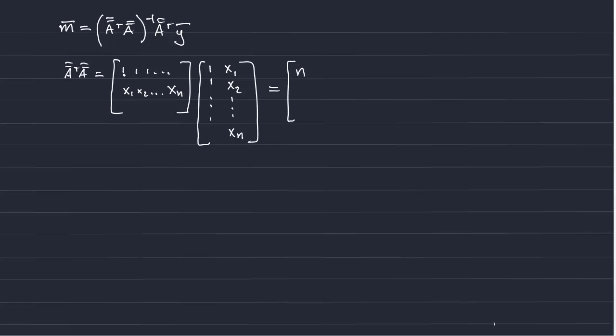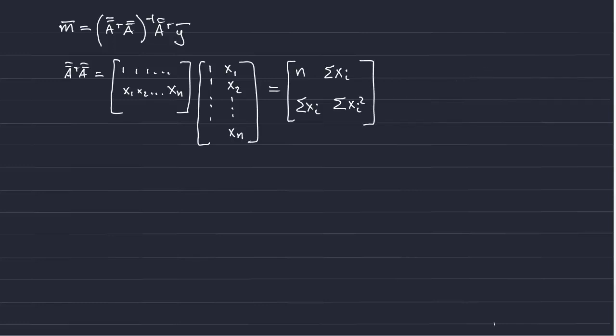The next is 1s times all the values of x, summed. This component is our vector of x's times 1s, again summed. And then the last component of our 2 by 2 matrix is all the x values multiplied by themselves and summed. So that's A transpose A.